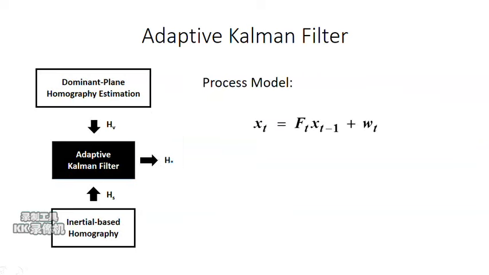More precisely, we introduce the process model. The filter state vector xt is the predicted homography from the initial time to time t. The state transition matrix Ft is the inertial homography from time t minus 1 to time t.